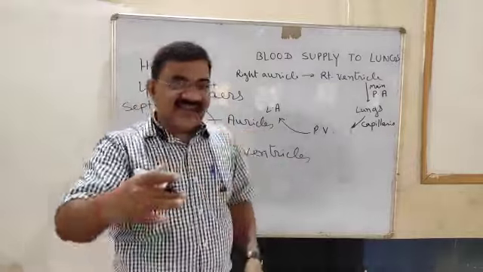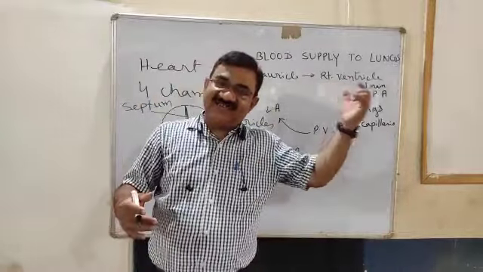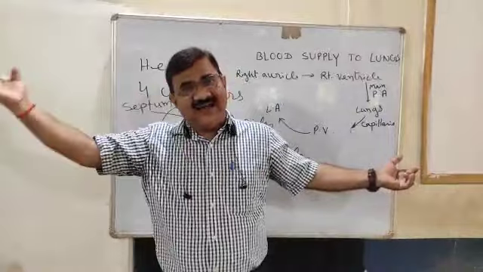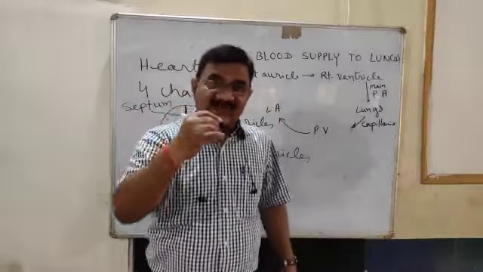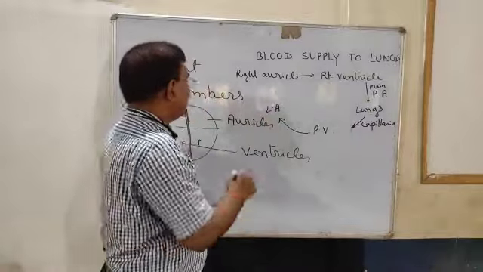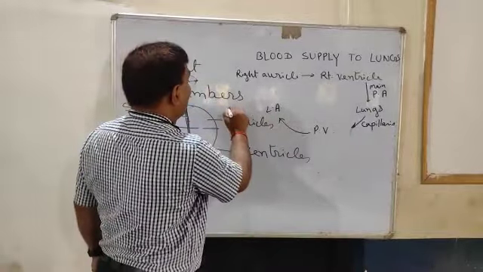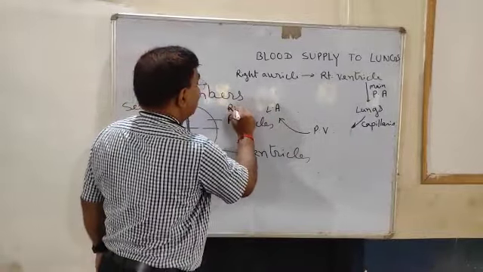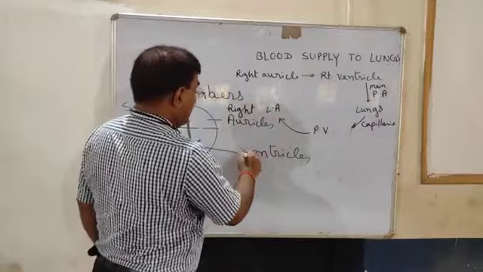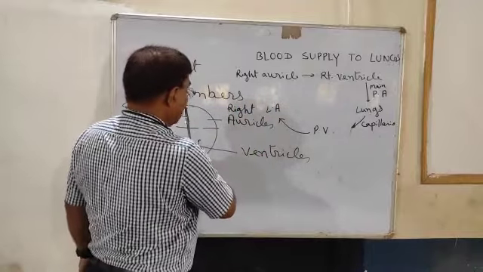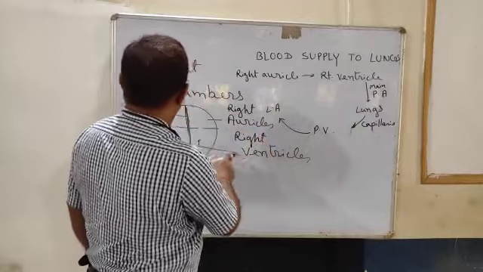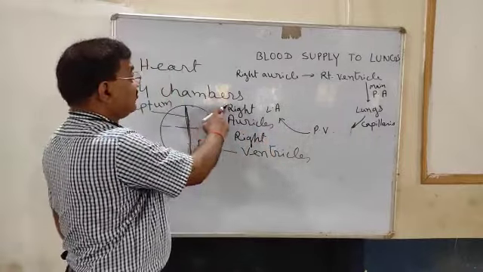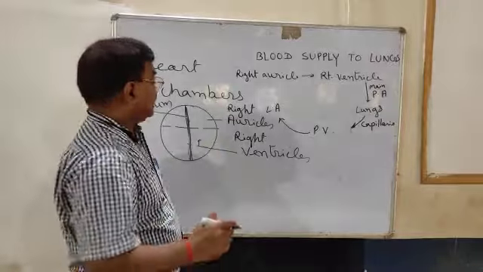Naturally this will be the left side and this will be the right side, opposite to us while writing. So this one is the right auricle and this one is the right ventricle.